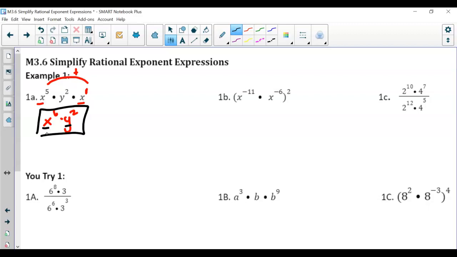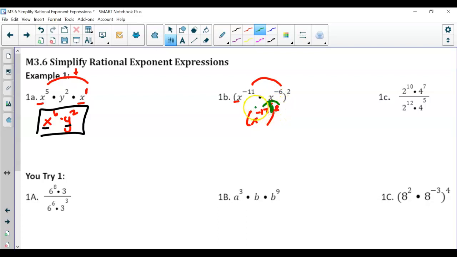So then here, think about order of operations, right? We're going to do the parentheses first. Now the bases are the same, they're both x. So I'm going to go ahead and add my exponents. So this is x to the negative 17, still raised to the second power. So now that power to a power, think about the parentheses, right?